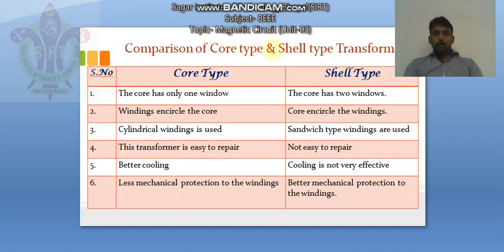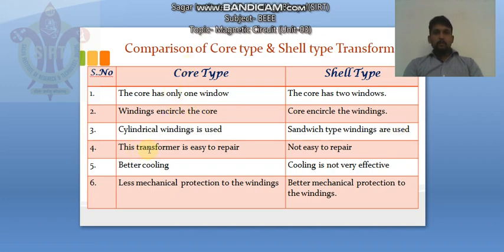Comparison of core type and shell type transformer. The core has only one window but the shell has two windows. In core type the winding encircles the core, but in shell type the core encircles the winding. In core type cylindrical winding is used, but in shell type sandwich type winding is used.